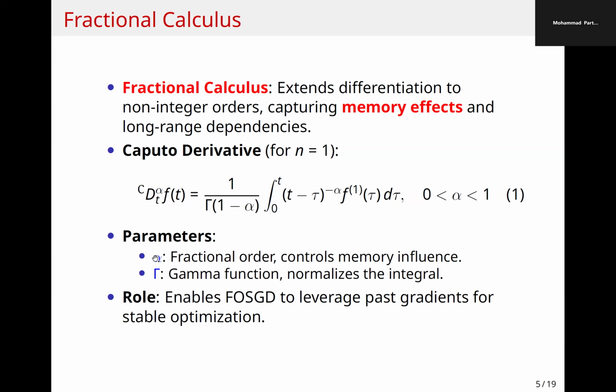As I said, alpha is a fractional order that controls memory influence, and 1 over gamma of 1 minus alpha normalizes the integral. So the Caputo derivative enables a fractional order SGD to leverage past gradients for stabilization in optimization.